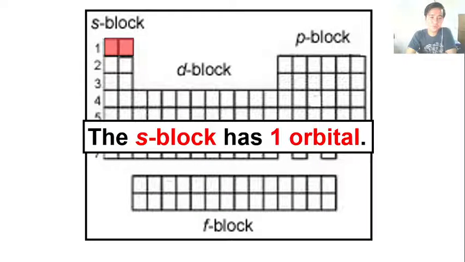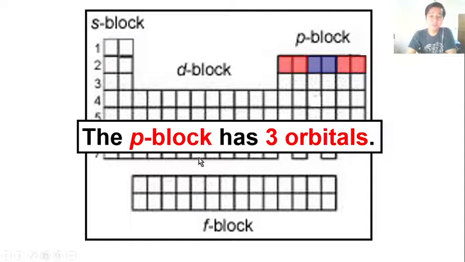So therefore this one is S block, one orbital. We know that this one is actually on the other side, but we just put it here for a better picture of a pair of squares that represents one orbital. P block, as we said, has three orbitals: one pair, second pair, and third pair.